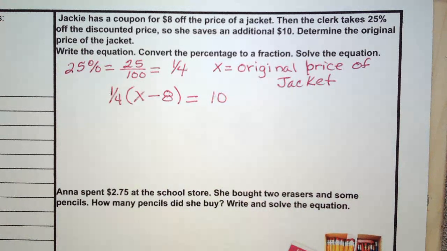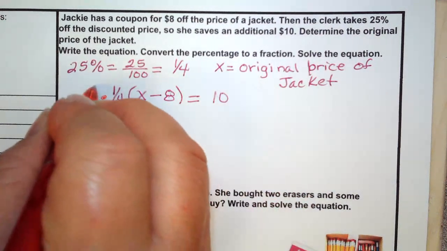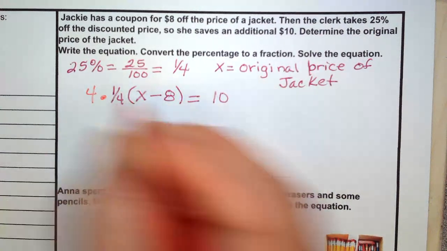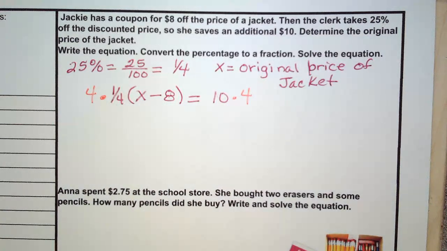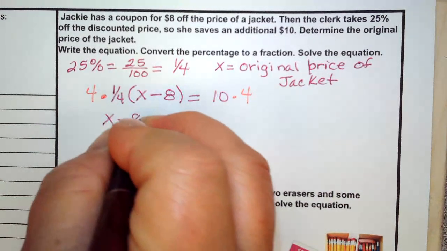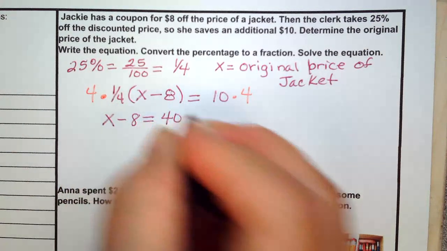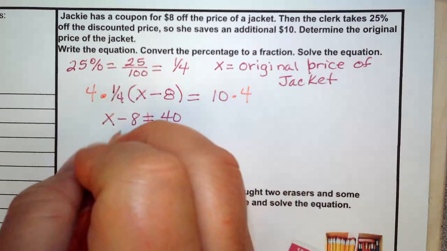How do we solve? Well, we could start out by distributing, but I think I would rather get rid of my fraction and multiply both sides by the reciprocal of 1/4, which is 4. x minus 8 is equal to 40. Add 8 to both sides.